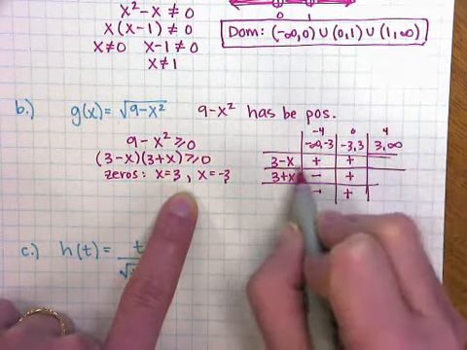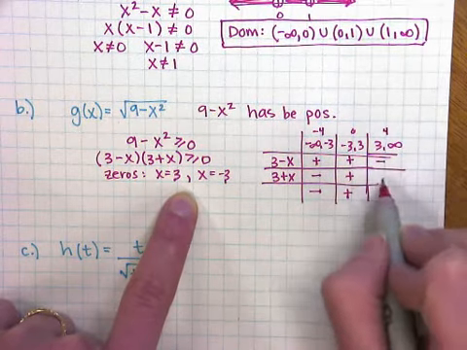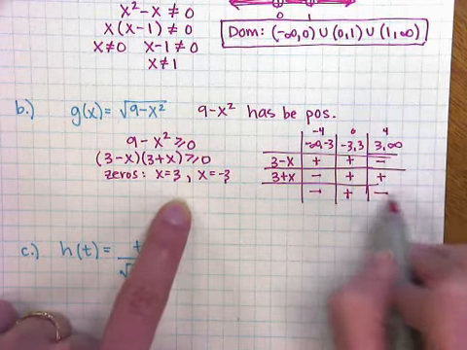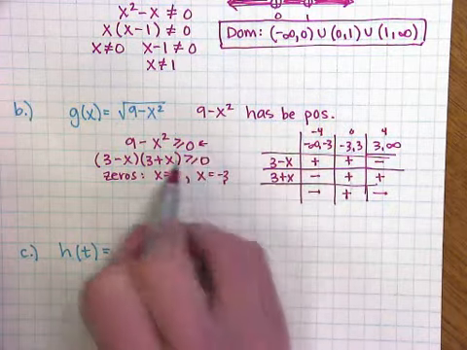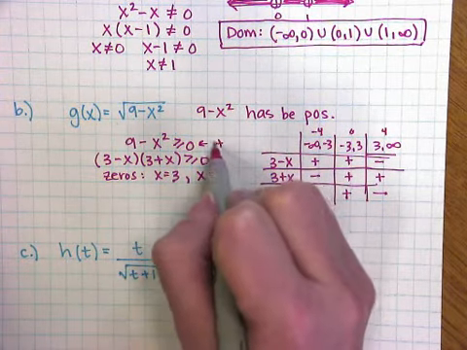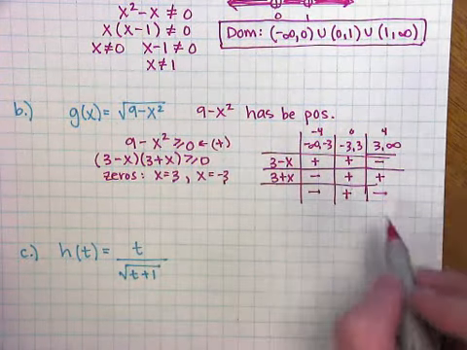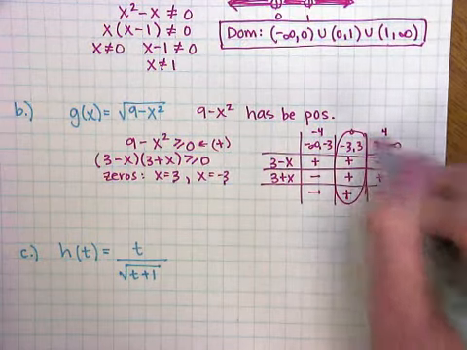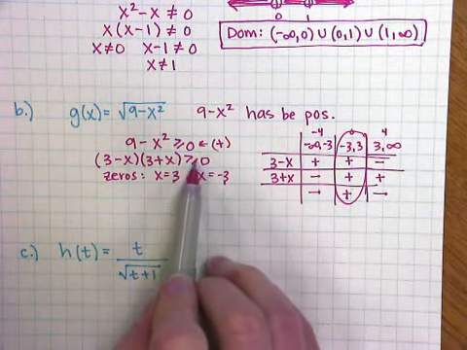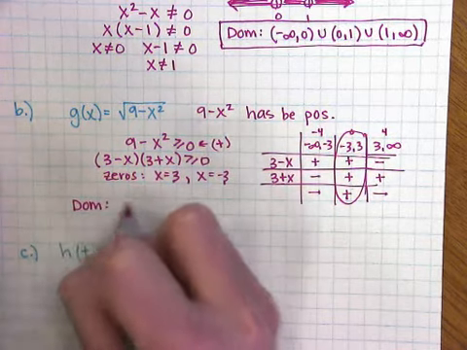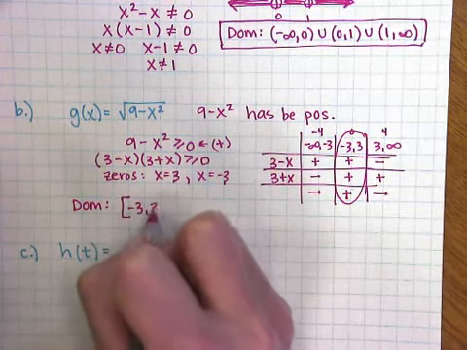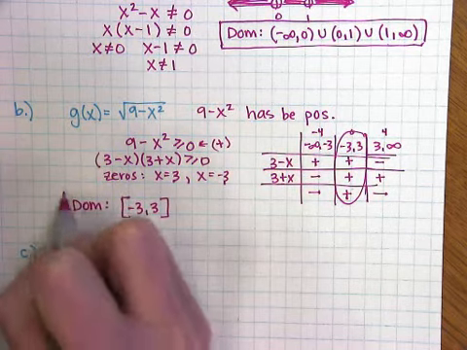And then here, 3 take away 4 would be negative, 3 plus 4 would be positive, so that's a negative. Now remember, when we make our table, we look back to the original problem. Since it's greater than 0, we know that we're looking for the positive situation. So that tells us I want this for my answer. And since it's an equal to, I'm going to use brackets for my answer. So my domain for this problem would be -3 to 3.